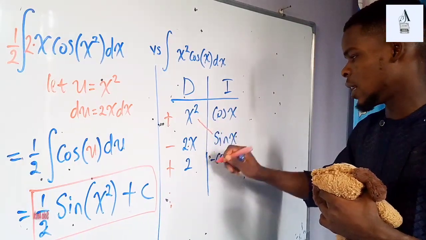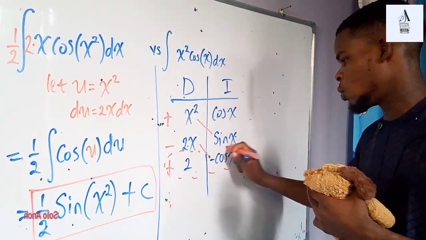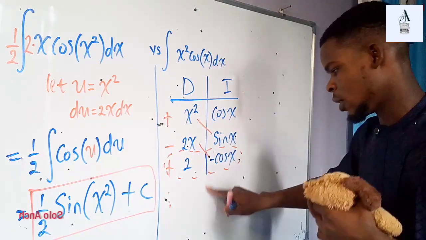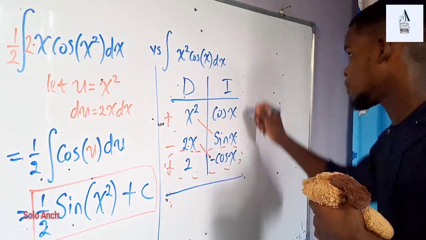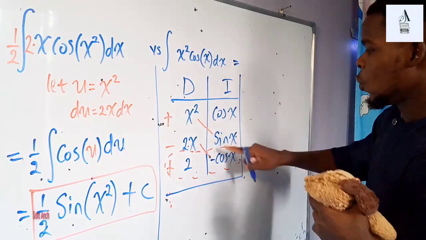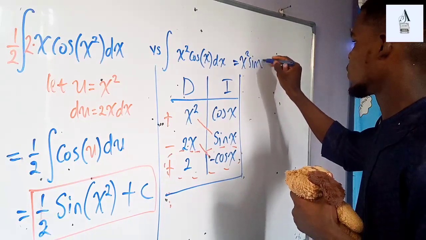We are going to multiply this diagonally, this times that, and then we are going to integrate the product of the last row, keeping in mind to make use of these signs as well. So this means we multiply this with that, which will be x squared times the sine of x, right?